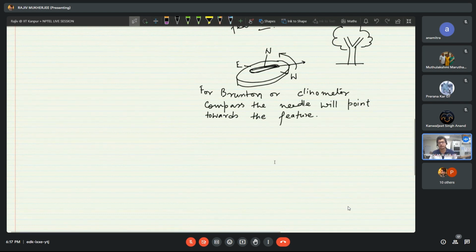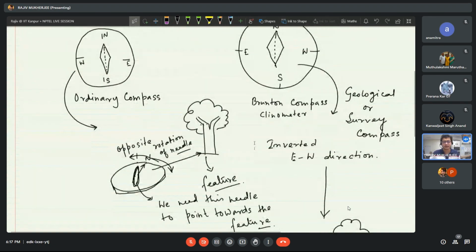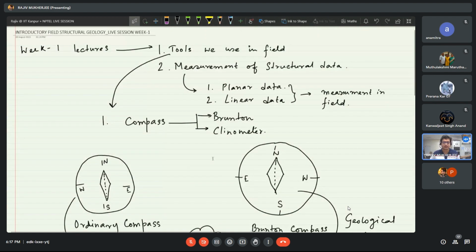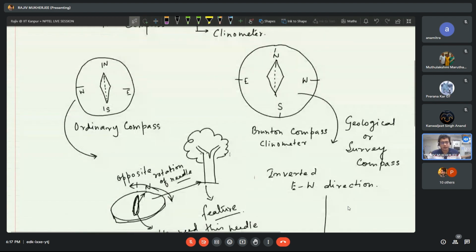Okay, so this is one of the differences that we encounter while we are using survey compass or geological compass instead of an ordinary compass, because ordinary compass will always tell us where the north is, but the survey compass or this geological compass will always tell us what is the angle between a feature that we are trying to locate and the north or the geographic north direction. So this is the basic difference, right?